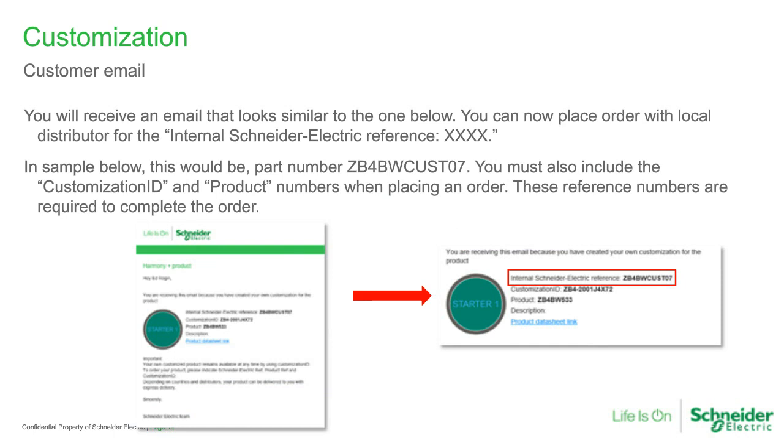The customer email will look similar to what you see on the left-hand side. There are 3 part numbers there. All 3 part numbers are used at the factory in order to produce your customized product. The customization ID is unique to your custom product, and it's not just a one-time use. You can use it over and over again. So if you create it today and 6 months from now you need it, you can order that part number.